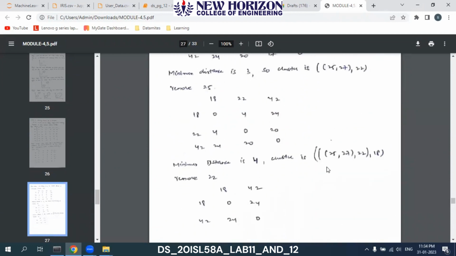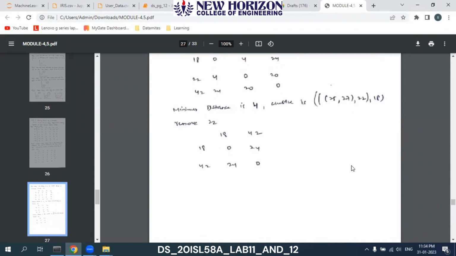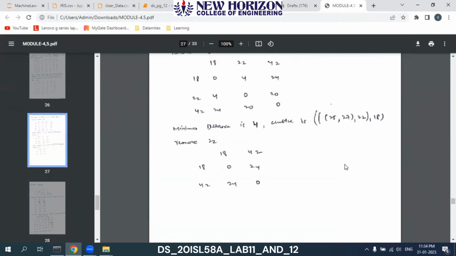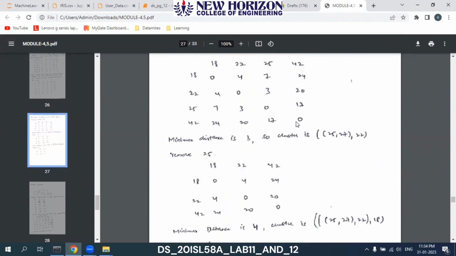Right now, the cluster is 25, 27, 22, 18. So on the whole, you form one whole cluster out of your hierarchical clustering. The name itself specifies the top-down or bottom-up hierarchy.